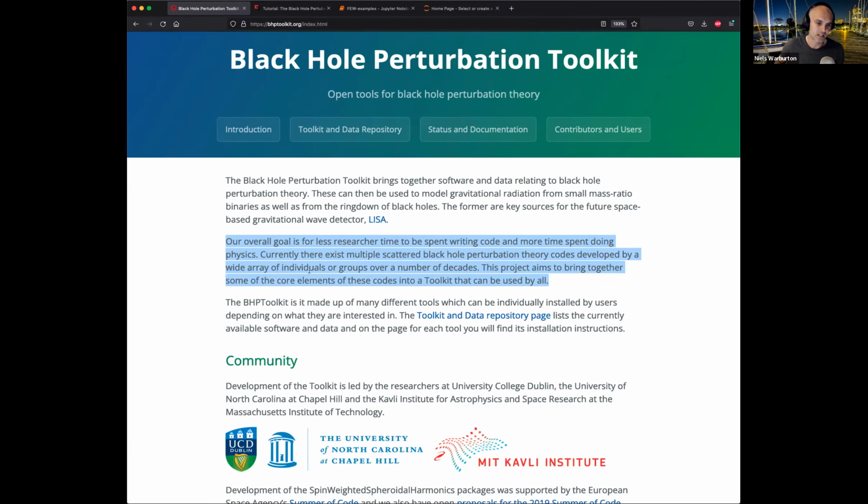And so that birthed this idea that we wanted to bring together some of the core elements of those codes. We're not asking people to give up the latest and greatest codes necessarily, but to bring together some of those core elements into a toolkit that can reduce the amount of time people spend writing code to solve perturbation theory, and leave more time for the physics calculations.